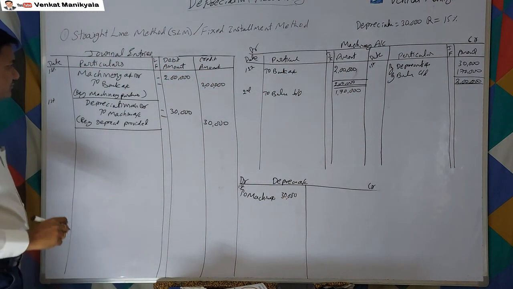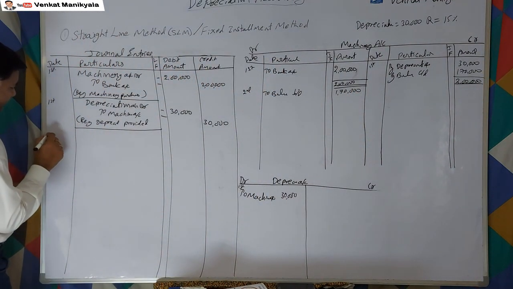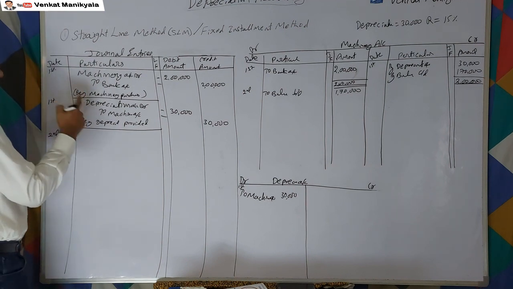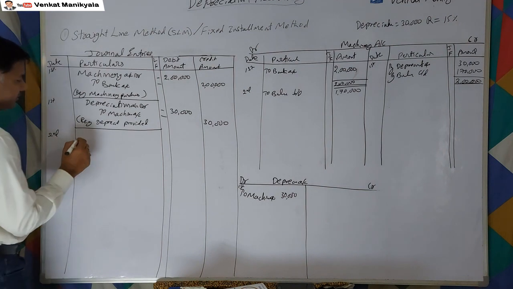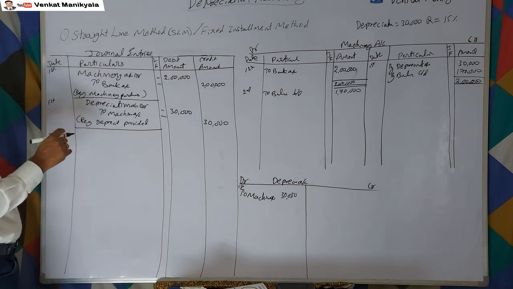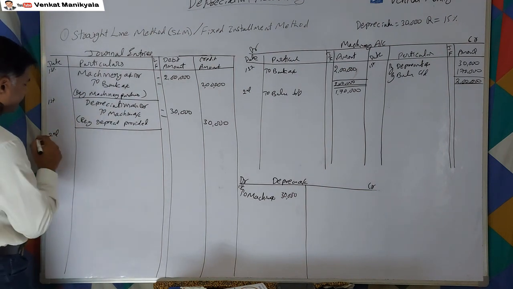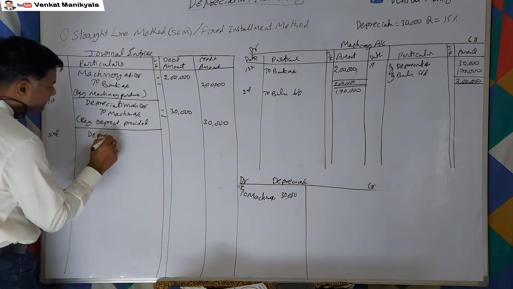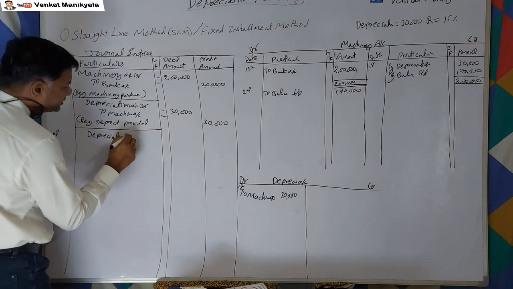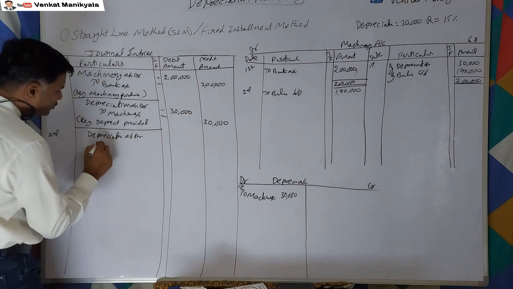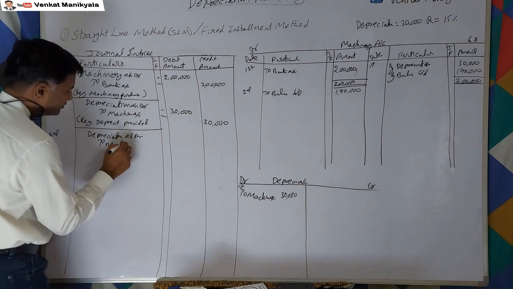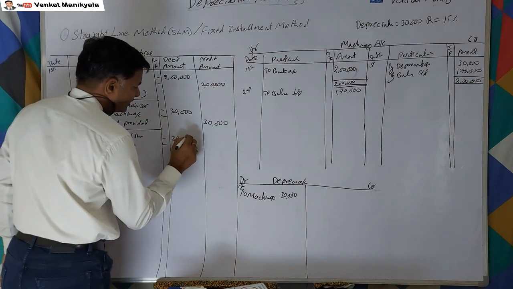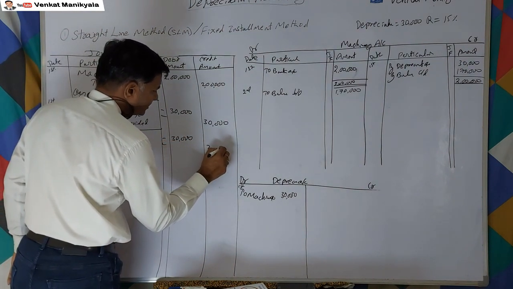In the second year, the journal entry repeats the same. In the second year, no purchases, only depreciation is there, right? During that year, no purchases, no sales. So depreciation account debtor to machinery account. Here it's 30,000 because it's the fixed installment method.